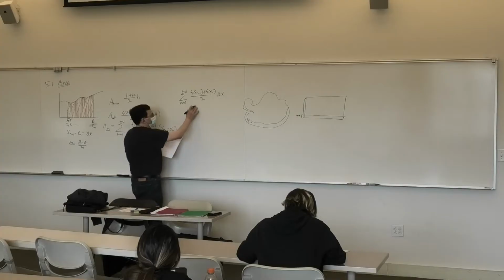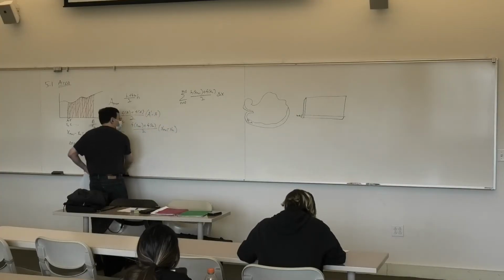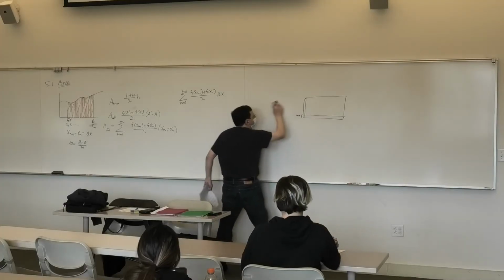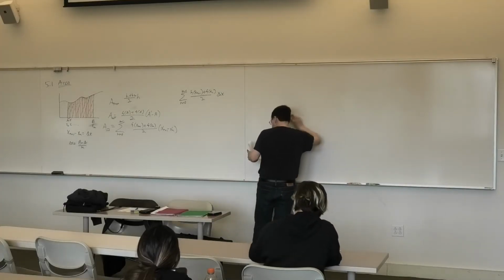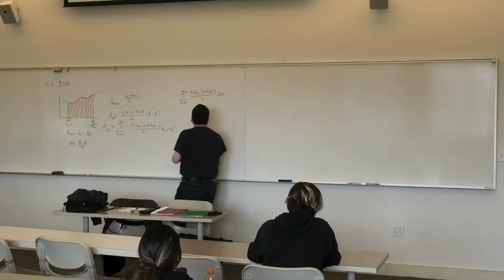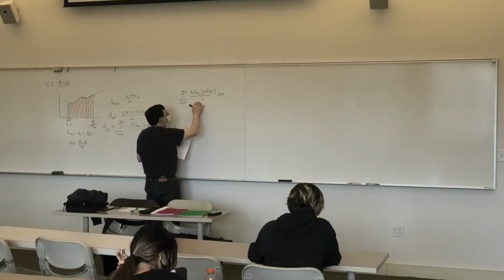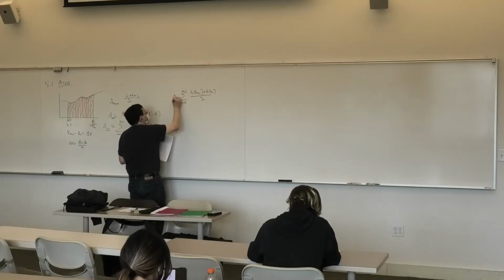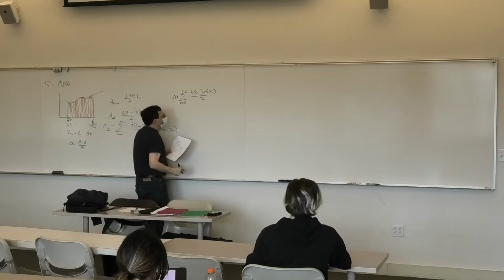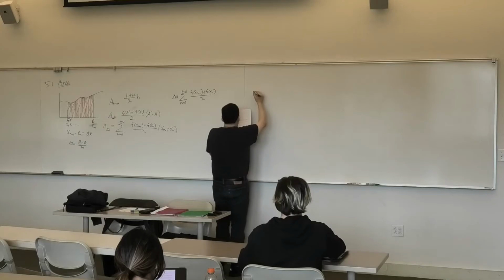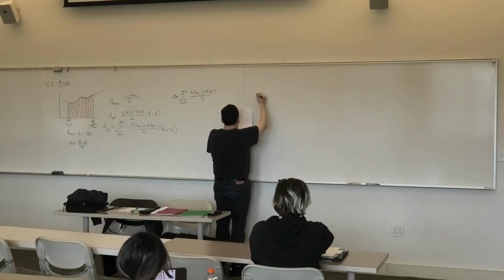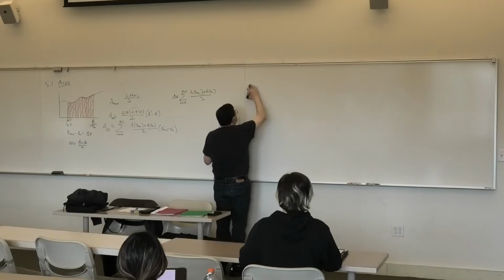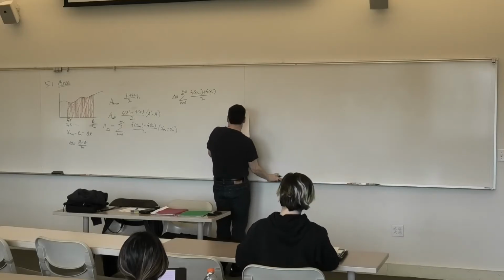I'm going to do a little bit more with this. Let's just expand. We can take this outside since it's some fixed value. We can expand this, and we can see that this is what? What does this sum consist of?